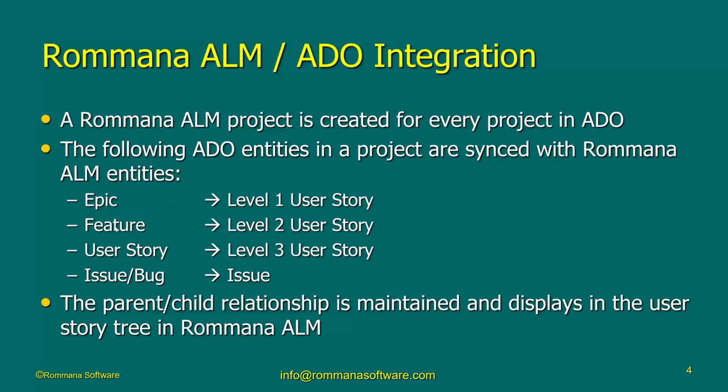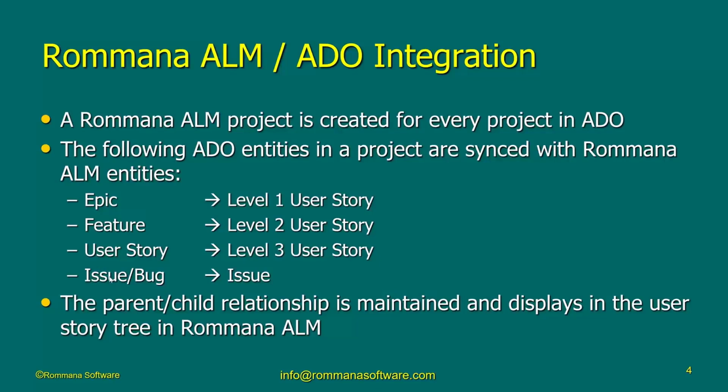We take any feature, we create a user story on the second level and so on, and we take a user story, we create it on the third level. But again, within the user story itself, as you're going to see on the screen, it tells you if this user story has come from an epic or a feature or a user story in ADO.